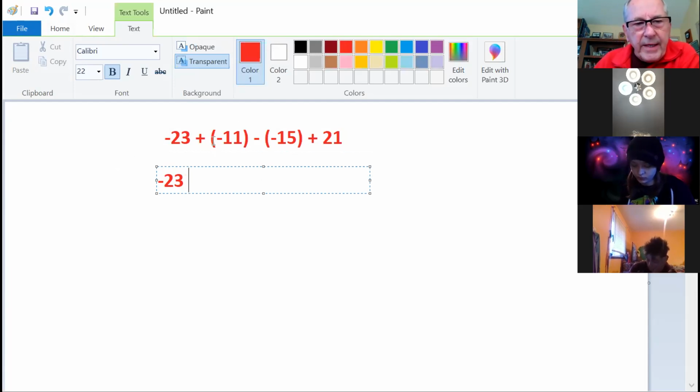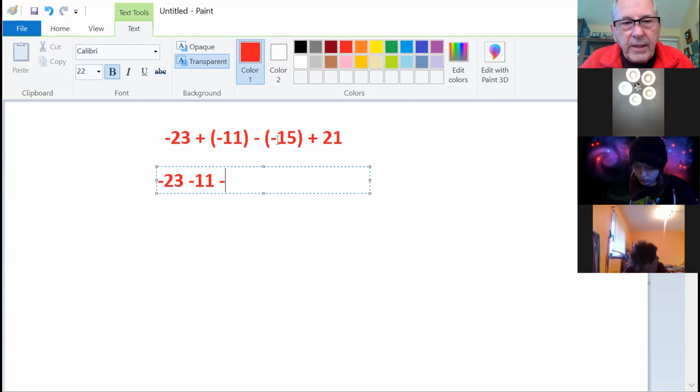So now what's a plus a -11? This is really a +1 times a -11, so it's like a negative times a positive. What do we say in our rules? A negative times a positive is what? Negative. So this combination here is a -11. I'm reducing this down, trying to simplify it. Now we do the same thing with the next term. We've got a negative times a negative. What's a negative times a negative?